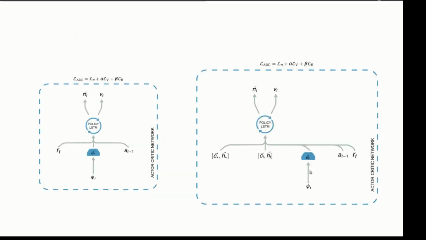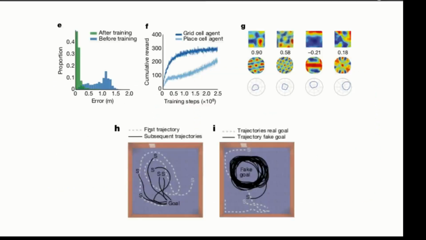They both have access to the image input, visual input, and all the rest. And then there's this other agent that we're going to see in our experiment, which does not have access to any kind of position information, only the visual information. So this is the normal actor-critic network.